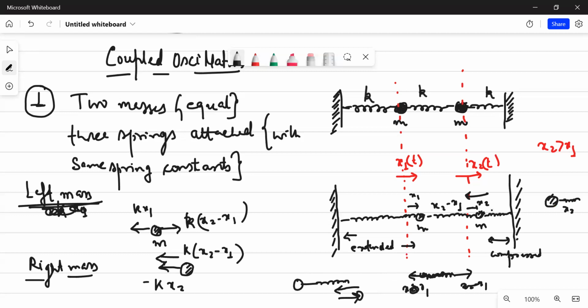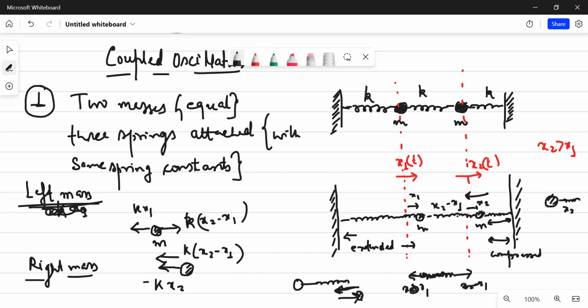How do I explain this? If x2 has moved forward, then obviously this wants to retain its position, and the middle spring is pulling this one but compressing that one, pressing it a little. So obviously if this force is acting here, the restoring force will be in this direction for the second mass. So for the second mass there are two restoring forces. One restoring force, why will it come? Because of the compression here, and that will be minus kx2, and another compression is due to this.